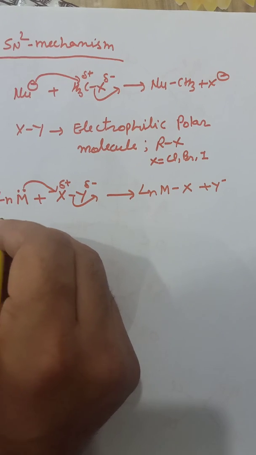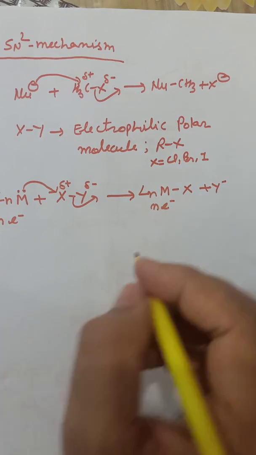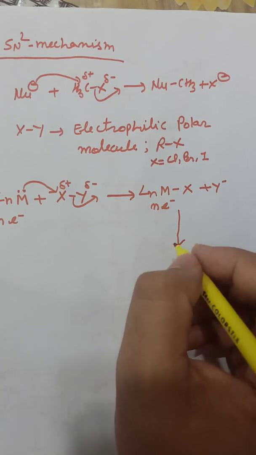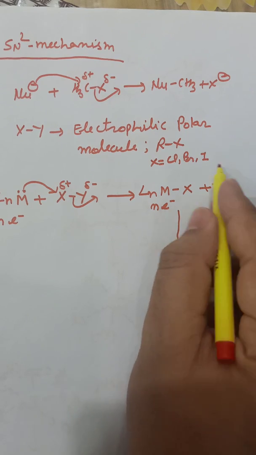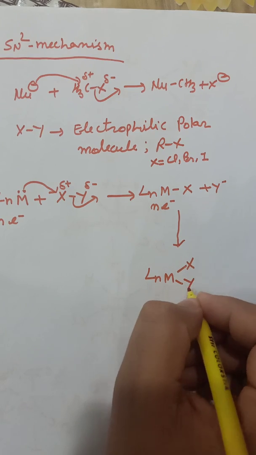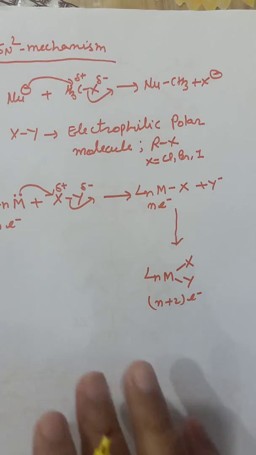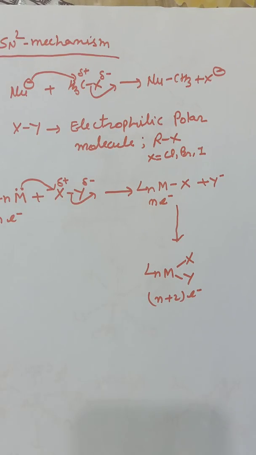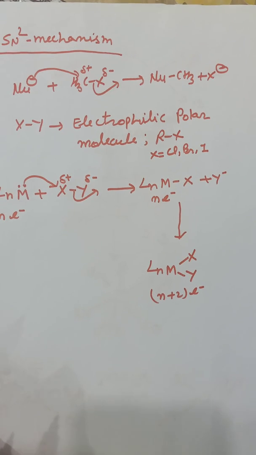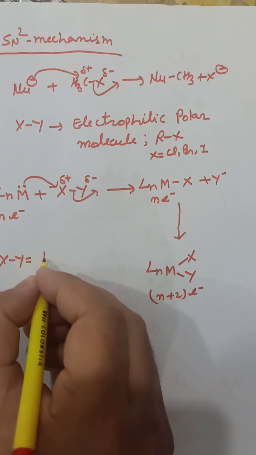If there are n electrons in this complex, eventually the addition of Y minus occurs, and this complex has n plus 2 electrons. This is how the reaction proceeds in SN2 oxidative addition reactions, and the most studied example of XY in this SN2 reaction is methyl iodide.